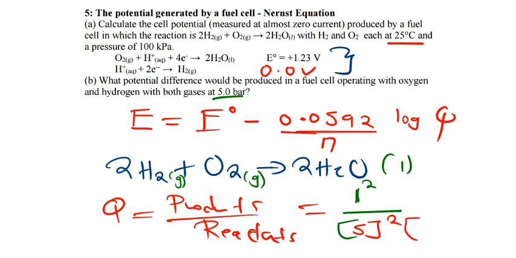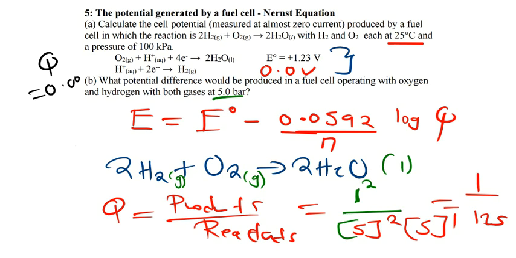Oxygen 5 as well to the power 1. 5 squared is 25 times 5, that's 125, so 1 over 125. So our value of Q is 1 over 125, which is actually going to be 0.008.